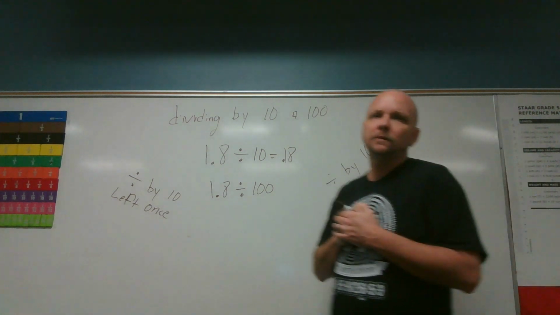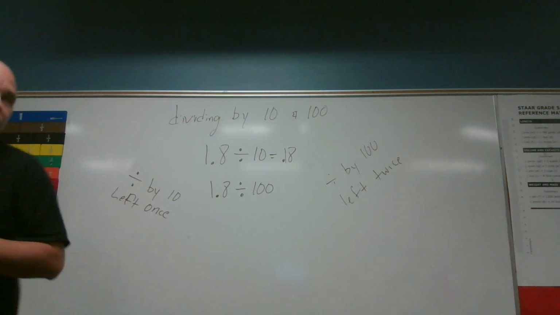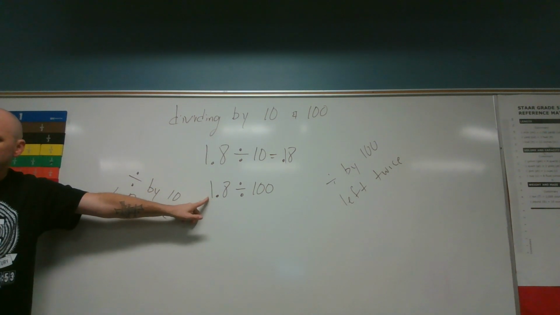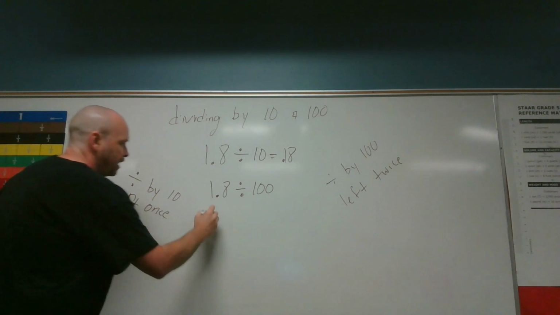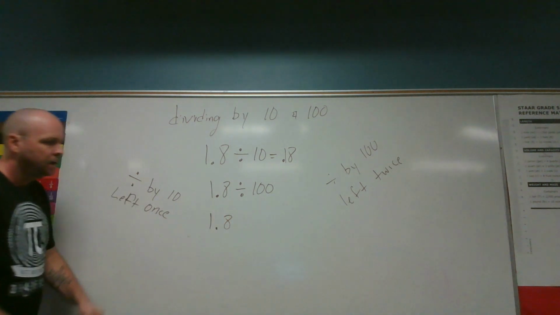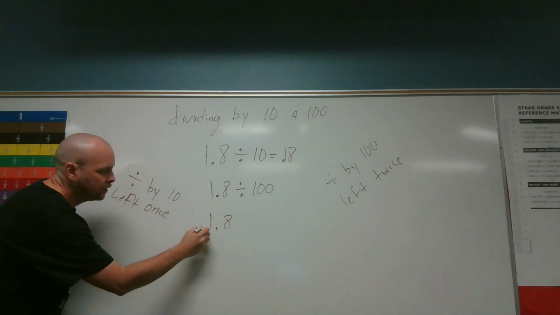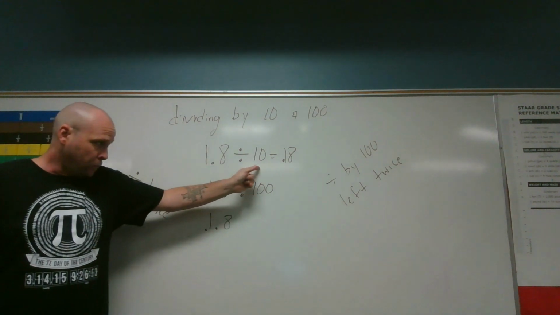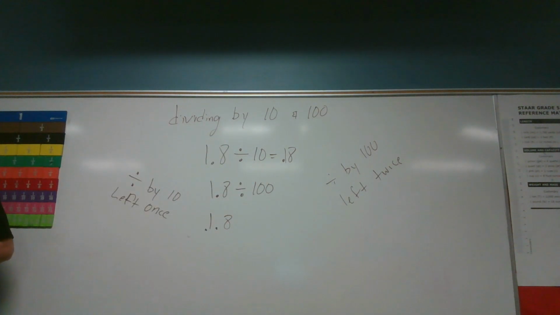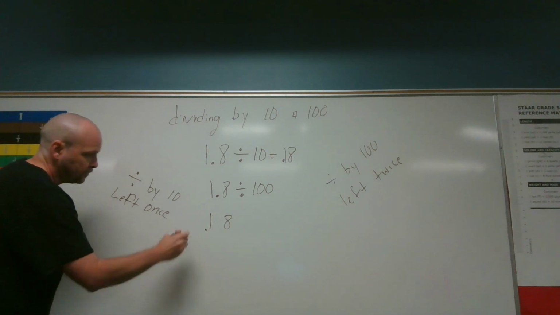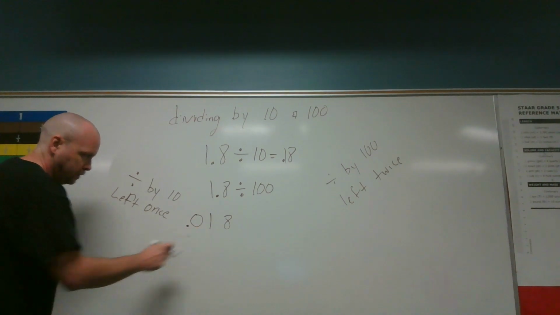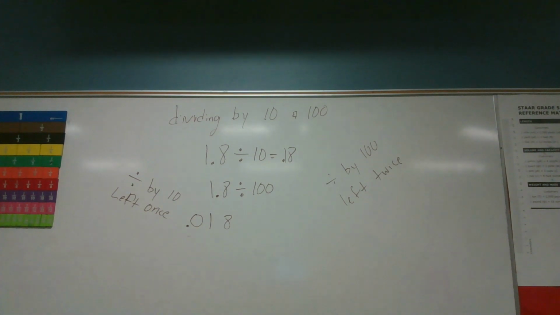Sana? 18 thousandths, because we have to move this decimal point twice to the left. So if I have it here, and I have to move it once, it's going to go here. But I can't just move it once, because dividing by 10 and dividing by 100 are two different things. So I have to move it a second time, and then it becomes 18 thousandths.